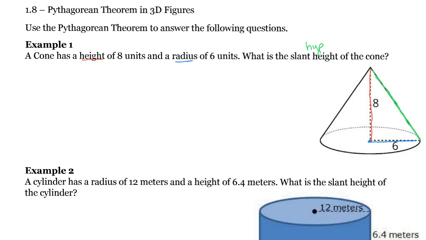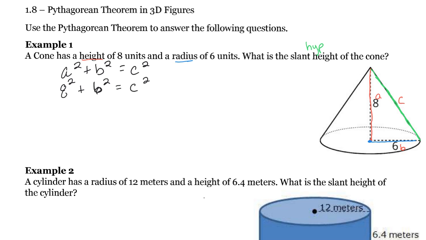So pretty much we have our A and our B, and we need to find our C, right? Because we have a triangle there. So we can use the Pythagorean Theorem to find the slant height of this cone. So we have a height of 8, and then we have a base of 6, or radius, and that's equal to our C, what we're trying to find.